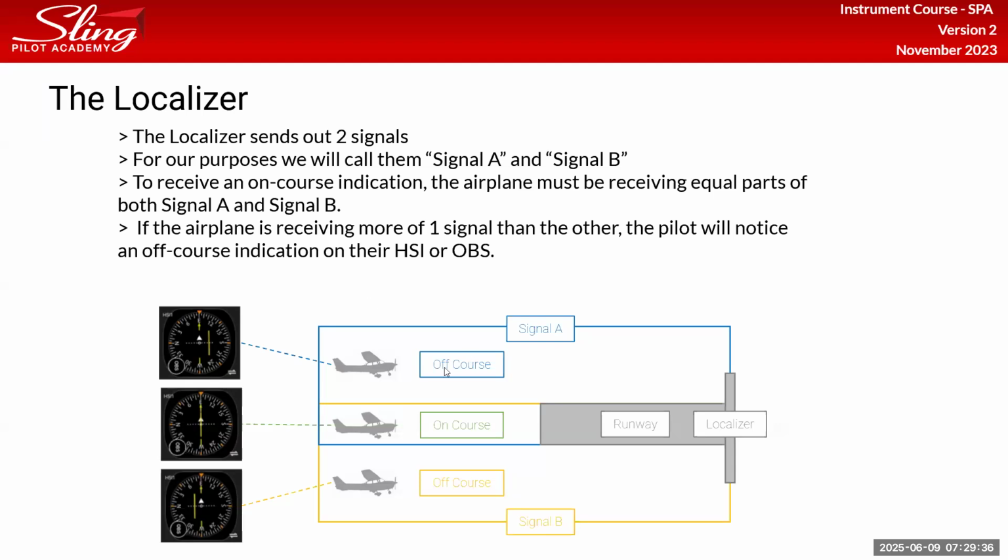And just like VORs, if we're to the left of course, that needle will deflect to the right, meaning we have to fly towards the needle to bring it in. If we're to the right of course, the needle will deflect to the left, and we'll have to fly towards the needle to bring it back in. Does that make sense? Good.